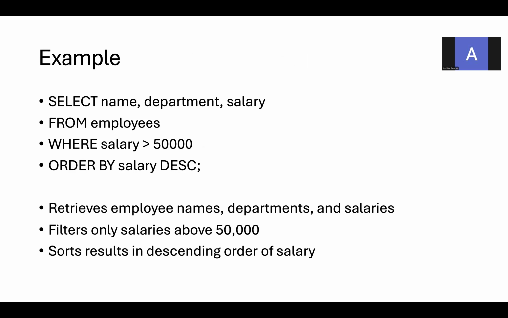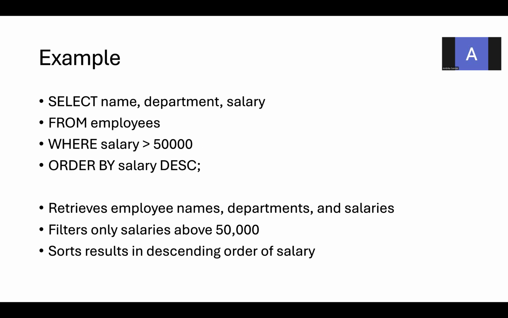An example of the SELECT statement is SELECT name, department, salary FROM employee WHERE salary > 50000 ORDER BY salary DESC. This employee table has the columns name, department and salary. I am checking the condition that salary should be greater than 50,000 using the WHERE clause, and I am ordering by salary in descending order.